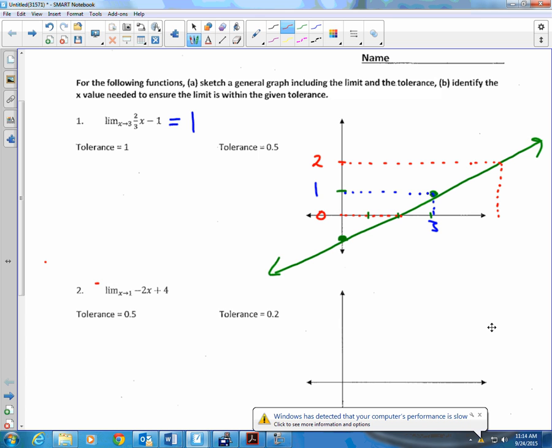So I'm going to take my function and set it equal to 2. Add 1, 2/3 x is equal to 3. Multiply by 3/2, and we get x equal to 9/2, or 4.5.